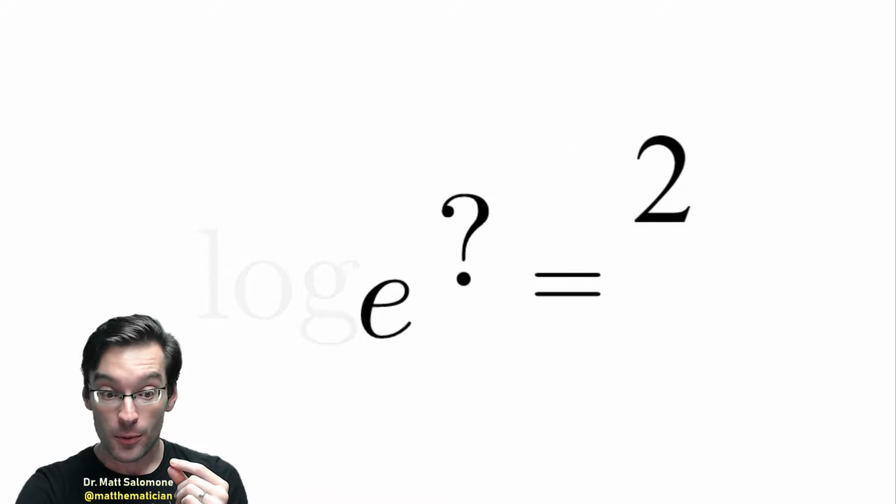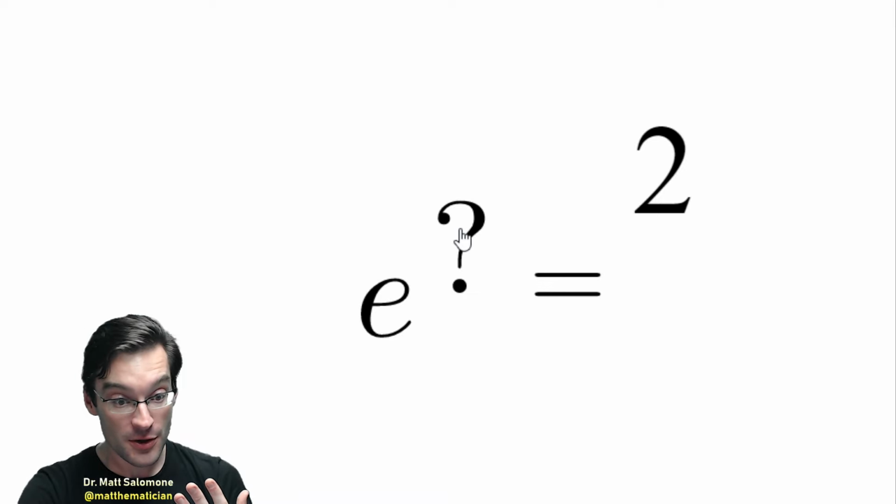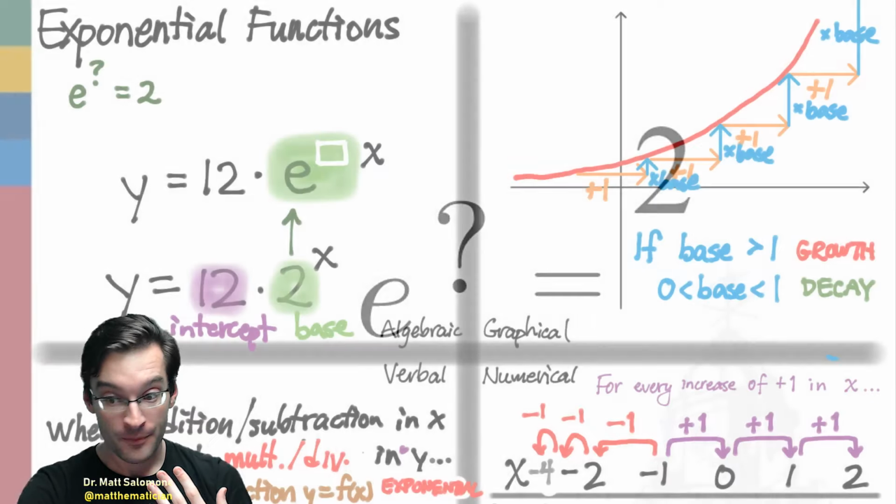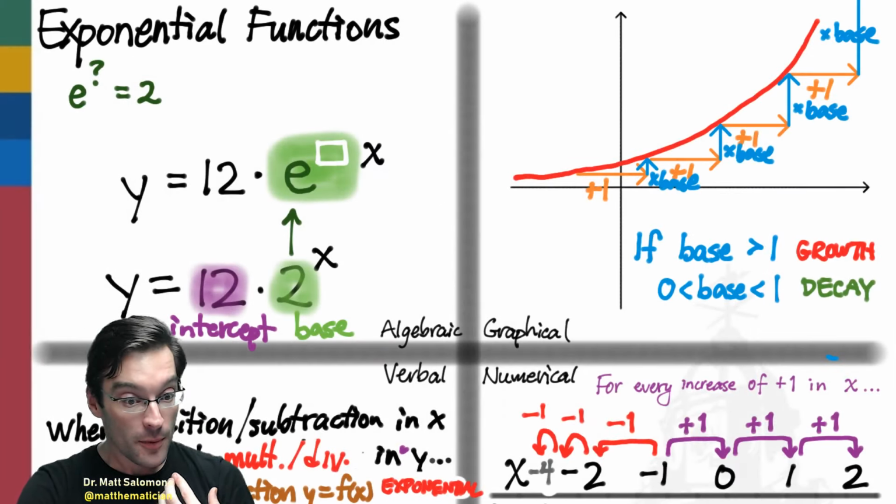It's a bit like reversing the roles of x and y in a function. And this is why we talked about composite and inverse functions in our previous video, because what we're really endeavoring to do here is reverse the roles of x and y in the expression e to the x equals y.